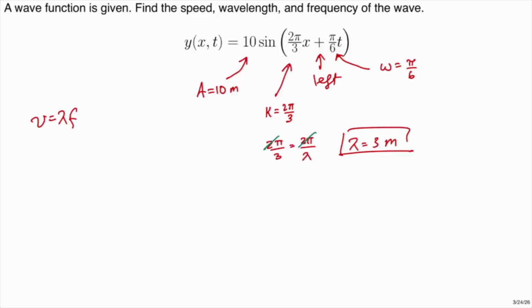What is frequency? Where is it hiding? In omega. So 2 pi f is what omega is equal to, right? Pi's cancel. This looks like a frequency of 1/12 of a hertz. Okay, so we know the frequency. And how are we going to find the speed now?